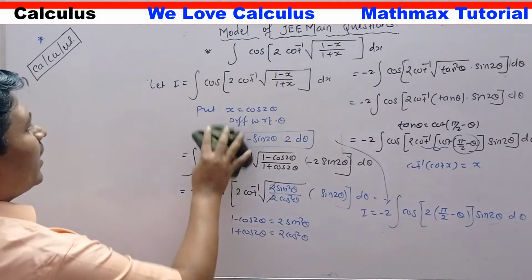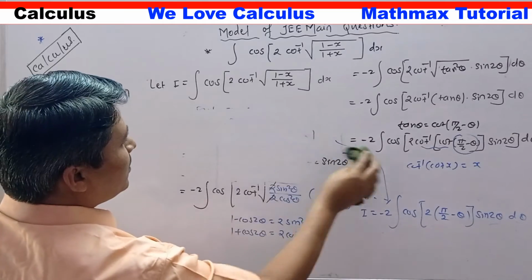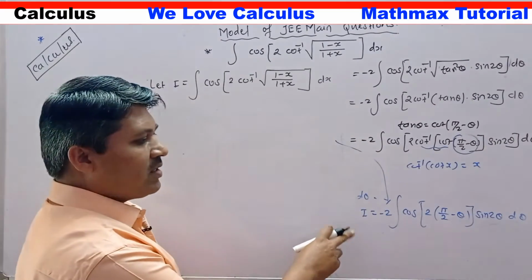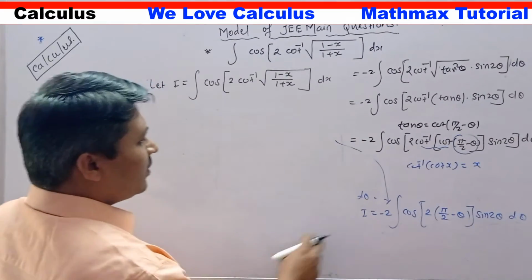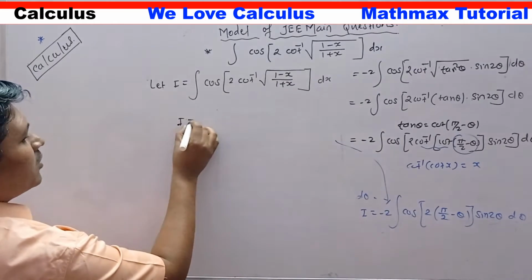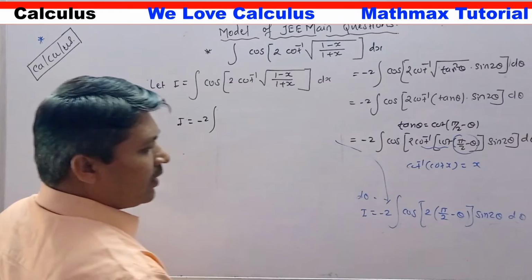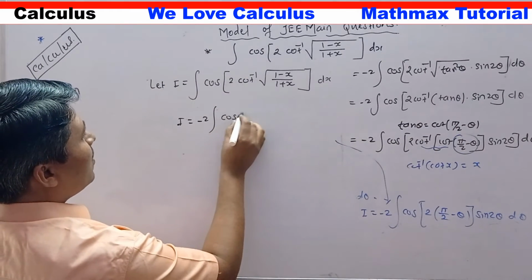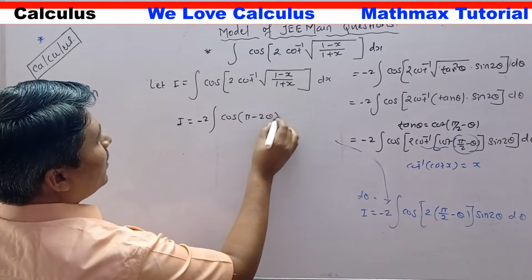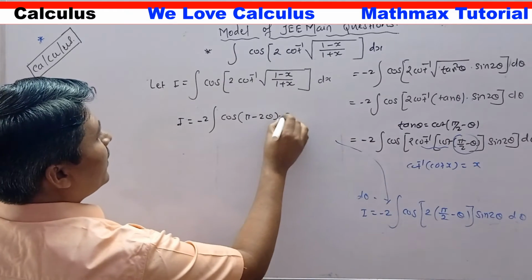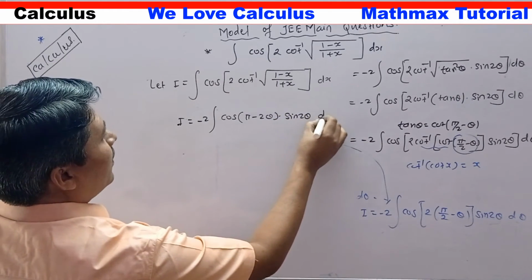The 2 gets cancelled, so we get cos(pi minus 2 theta) into sin 2 theta d theta.